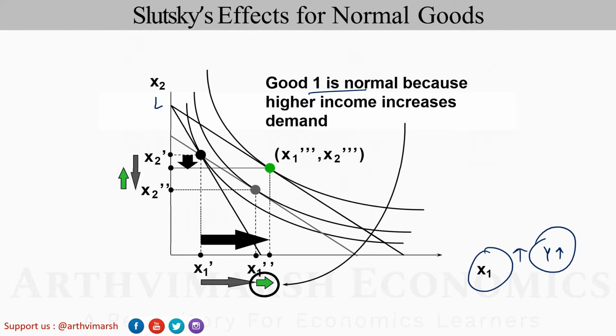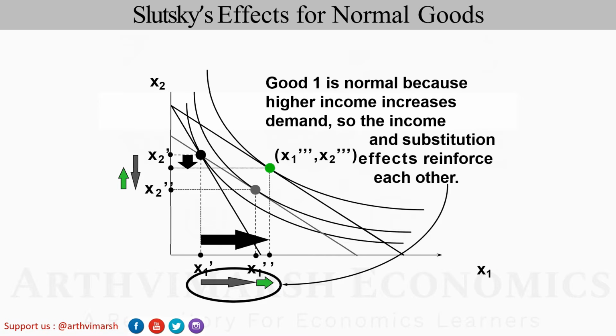When we move to the LM budget line from the initial budget line, let us say LA, we observe that its demand goes up from here to here. So it is definitely behavior exhibited by a normal good. Income and substitution effects both reinforce each other here, which we have already discussed.